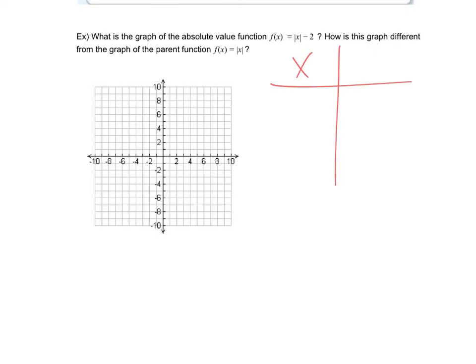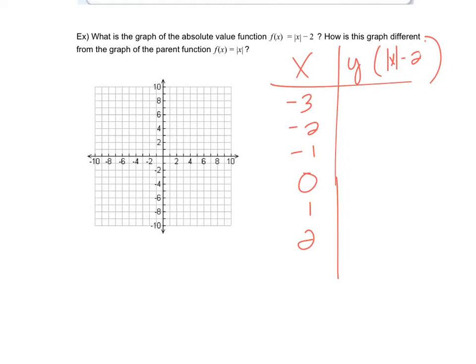You have your x value, and then you have your y, which would be the absolute value of x minus 2. Okay, so let's go ahead and pick some numbers. Let's pick -3, -2, -1, 0, 1, and 2, and we are going to plug those in for x.